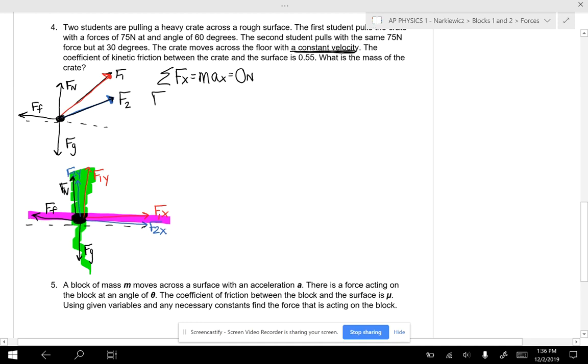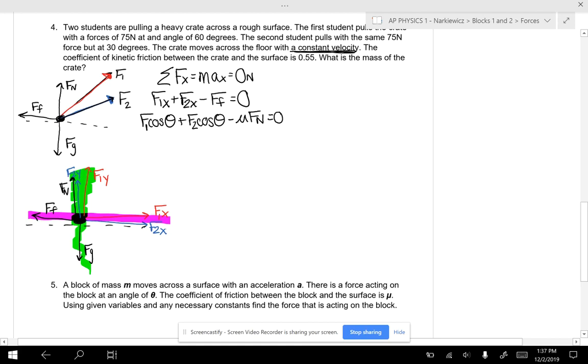So I have an F1x and an F2x, both pointing to the right, so they're both positive, minus a force of friction equals 0. I don't really know how that's going to give me the mass, but it's fine. (F1 + F2) cosine theta minus mu times the normal force equals 0.